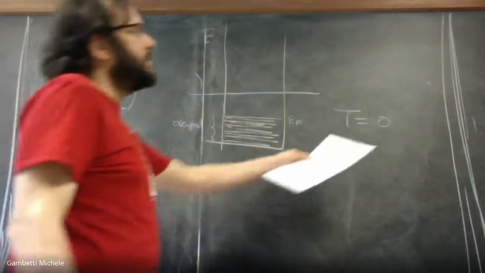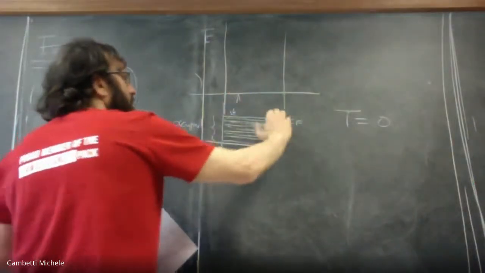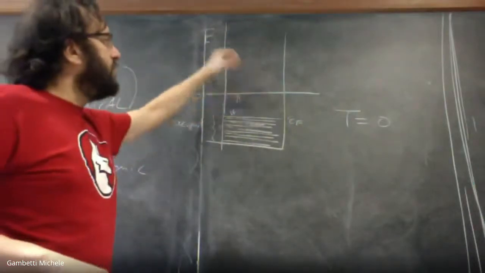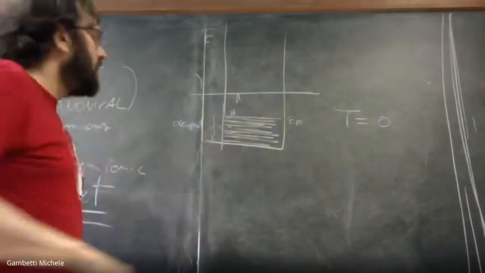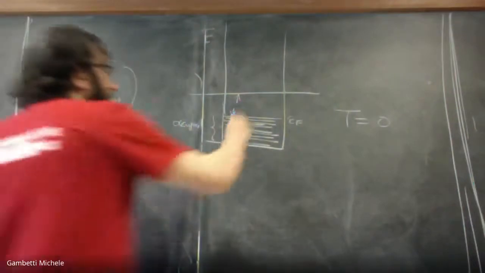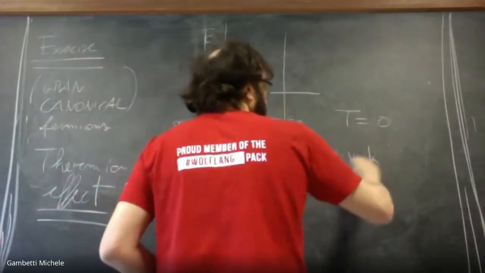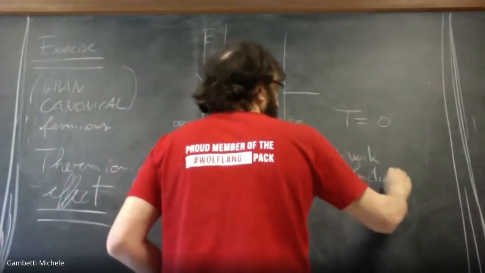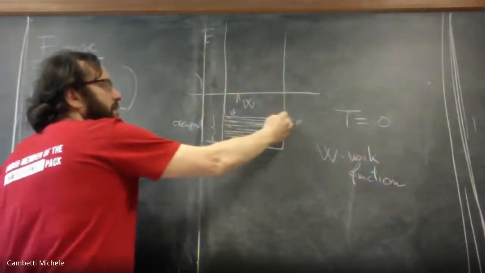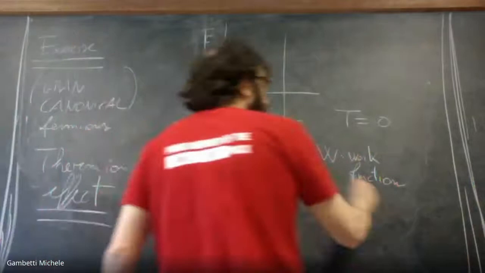The Fermi energy is below the energy level equals 0 because they are bound. And there is an energy gap called the work function, indicated by W, which is the energy that you need to provide to an electron sitting exactly on the Fermi surface in order to unbind it.